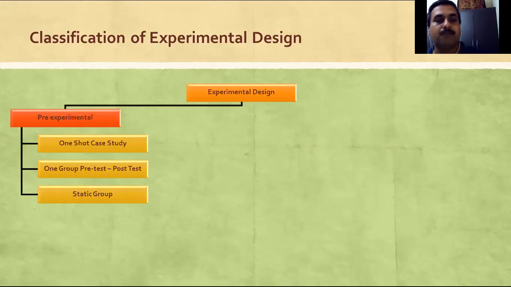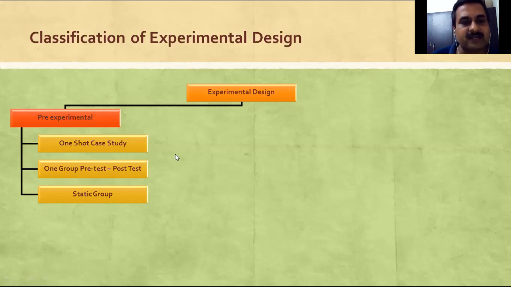Don't bother yourself with these terms, because once you start covering these basic terms of experimental research, you will easily understand these terminologies, as we'll cover them in our next slides, one by one. So the first type is pre-experimental research design, and in pre-experimental, there are the one-shot case study, one group pre-test post-test, and the static group.